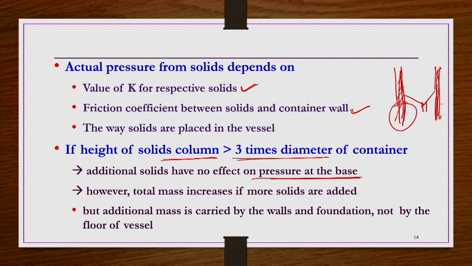So these foundations will take some amount of the additional force, additional mass. Whatever additional pressure is exerted because of the additional mass is going to be taken by this foundation, as well as the friction between the walls and the particles.